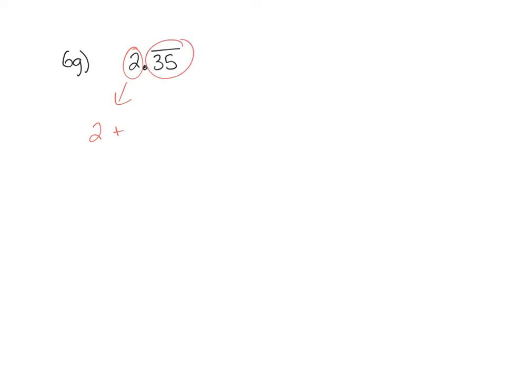The 0.35 repeating is going to be like 0.35 repeating. Now I need to turn each of these into a fraction. So 2 as a fraction is 2. 0.35 repeating as a fraction is 35 over 99.